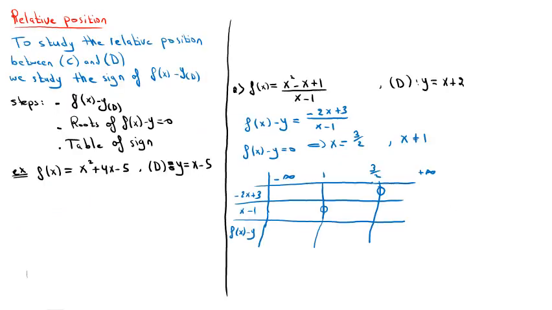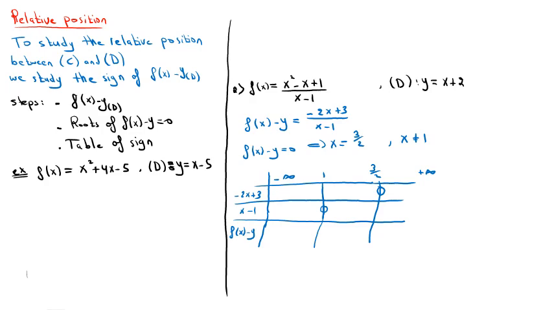Now, according to the oblique asymptote, we have the relative position between the curve and the line, which means in which domain we have the function above the line and where the curve of f is below the line.